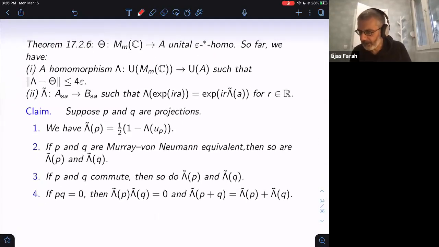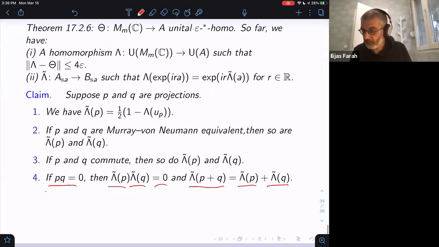And now if P and Q are orthogonal, then lambda tilde of P times lambda tilde of Q is 0, and lambda tilde of P + Q is lambda tilde of P plus lambda tilde of Q. Again, this just translates into statements about these two unitaries, 1 - 2P and 1 - 2Q.